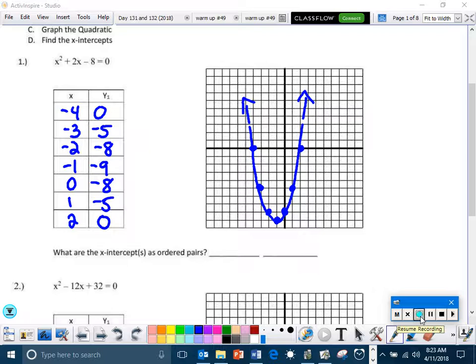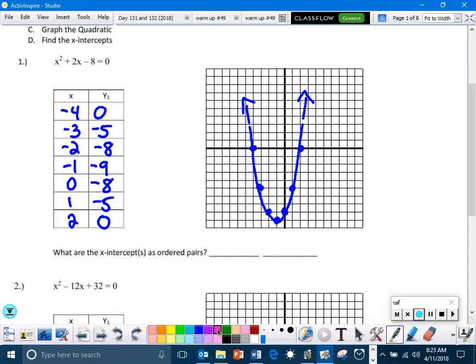Now it says find the x-intercepts. Okay, so you can either look at the graph or look at the table. We've got an x-intercept here and an x-intercept here. So we've got -4, 0 and 2, 0.